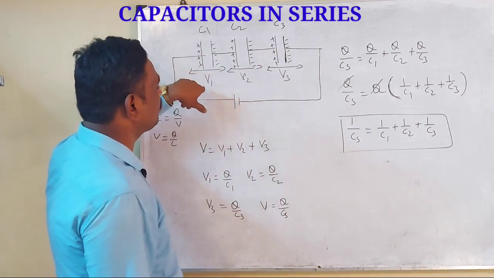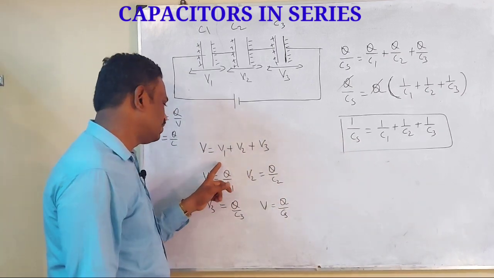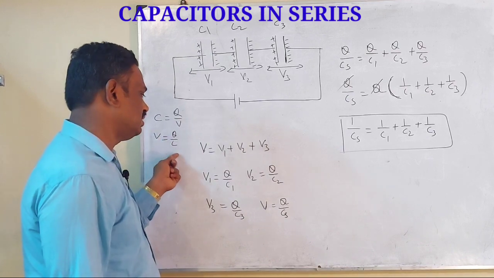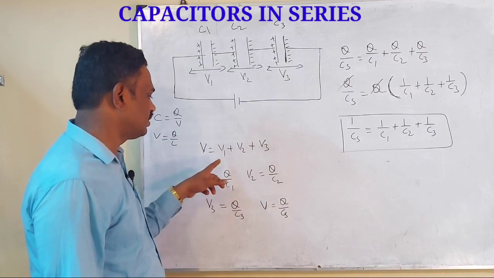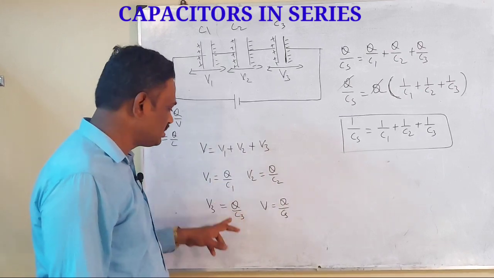The only thing that differs is the potential difference. So V1 is equal to Q by C1, because V is equal to Q by C. Similarly, V2 is equal to Q by C2 and V3 is equal to Q by C3.